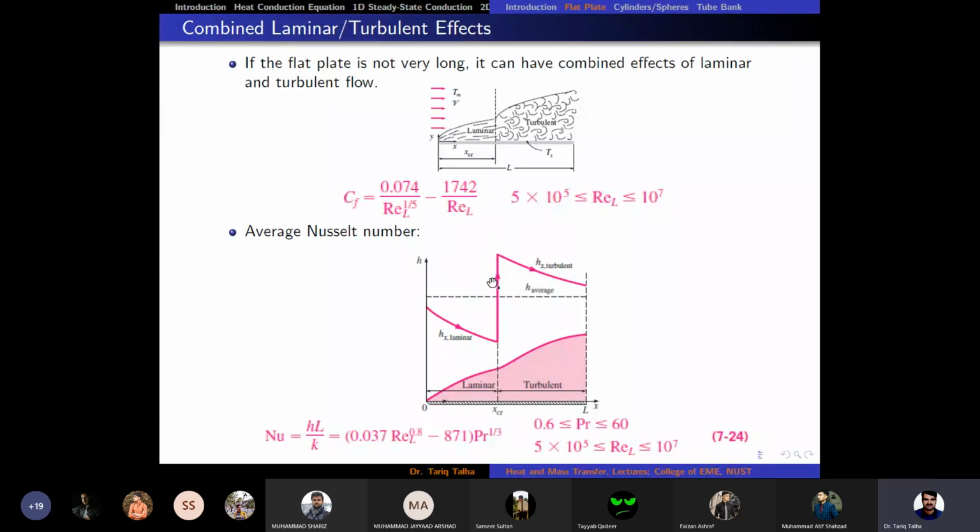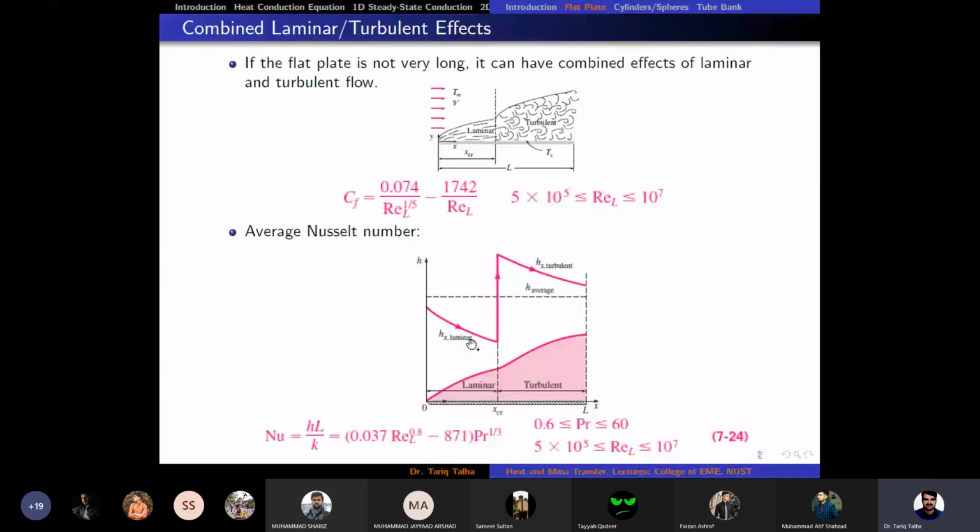That is like when you rotate a spoon in a cup of tea to mix the sugar. You are trying to make it turbulent, to enhance the mixing of the sugar particles.